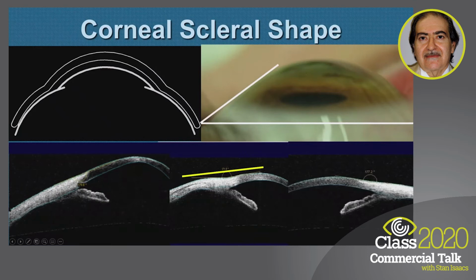We always thought that the corneal shape and the scleral shape was similar to this, where you had a bulge here and a cornea here. So in the old days when scleral lenses were made, they were made assuming this was the shape of the cornea and the sclera. We now know most corneal scleral junctions are actually tangential. Some a bit more so than others, and some a bit less so. But in theory, this corneal shape no longer applies.